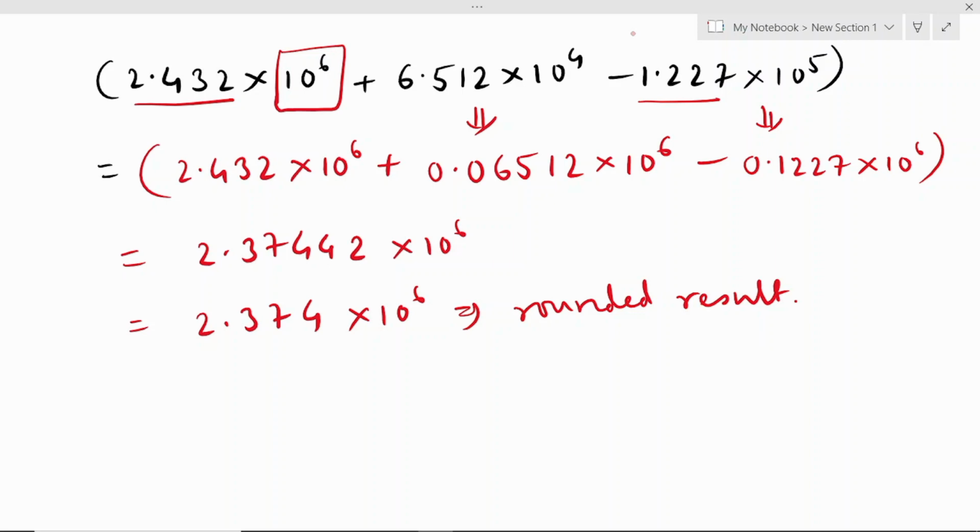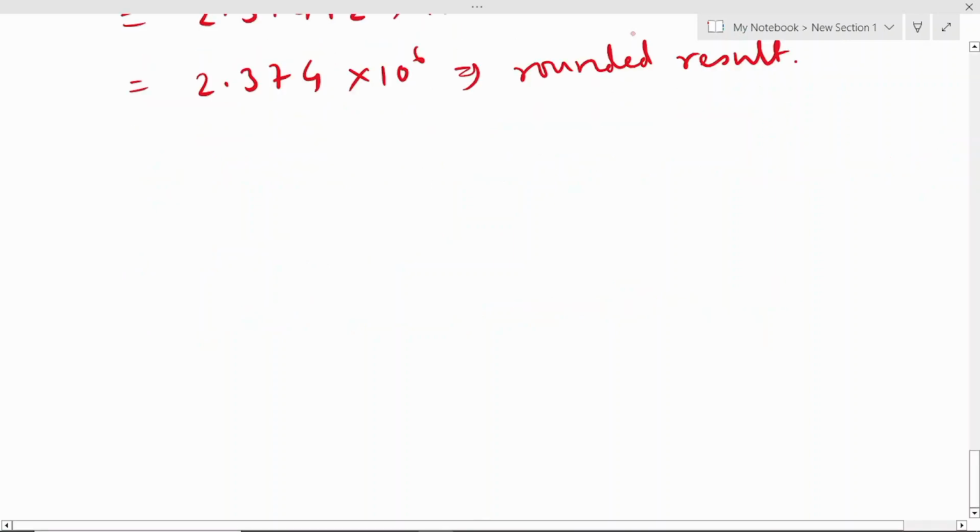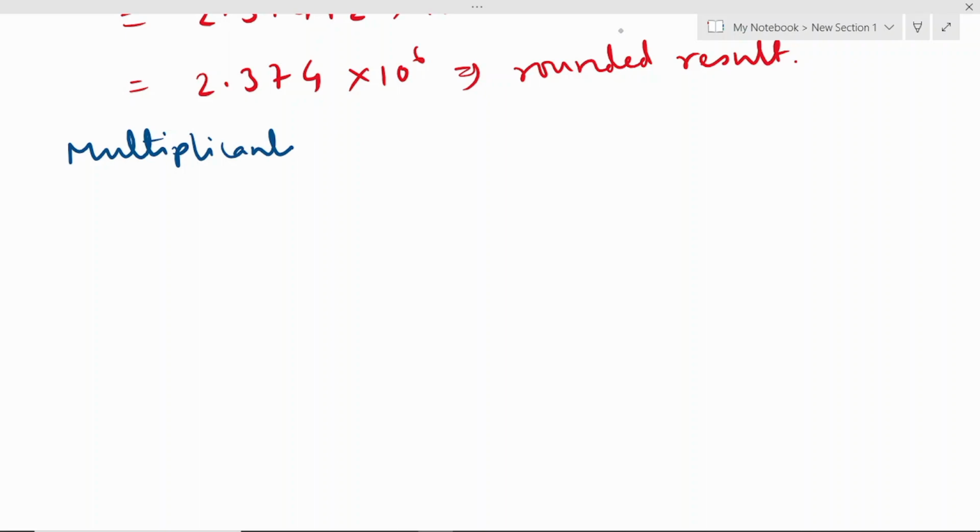Now, how multiplication and division are carried out in terms of significant figures. Suppose 0.12 times 9.67 times 8234 divided by 0.0178.